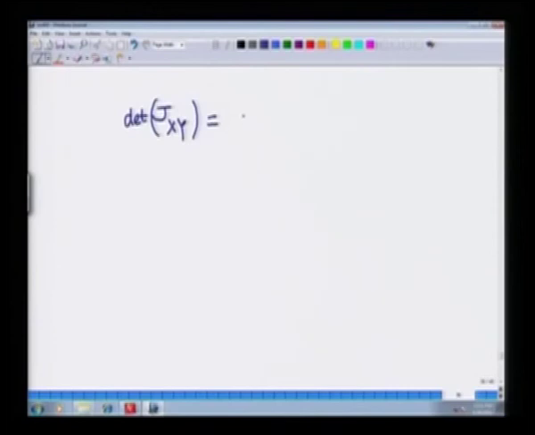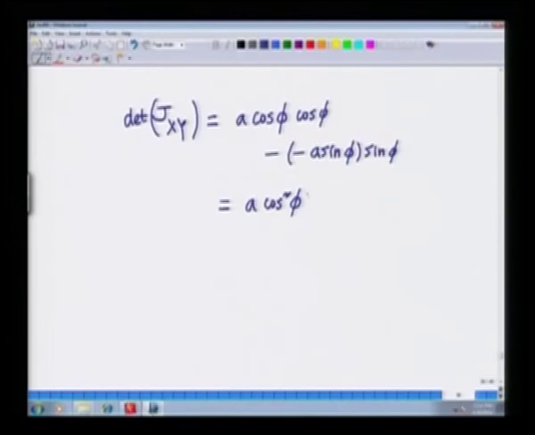The determinant of this Jacobian matrix is a cosine phi times cosine phi minus a sin phi times sin phi, which is a cosine square phi plus a sin square phi, which is essentially a.